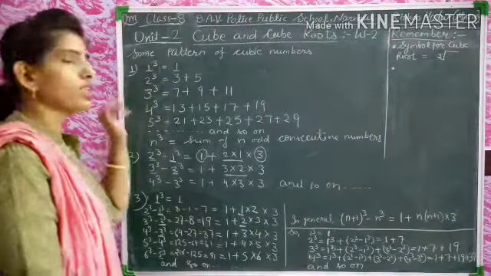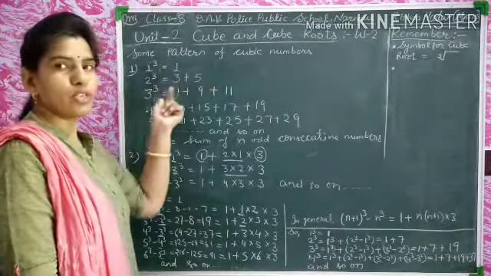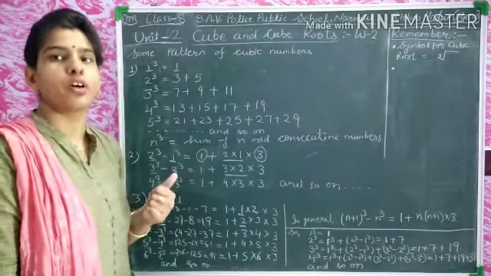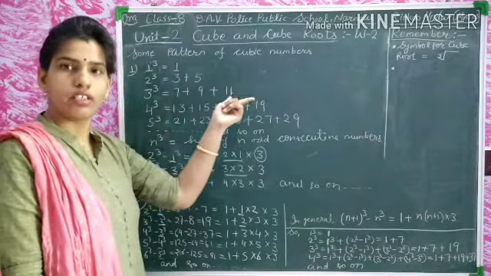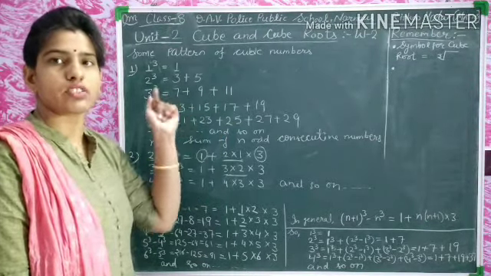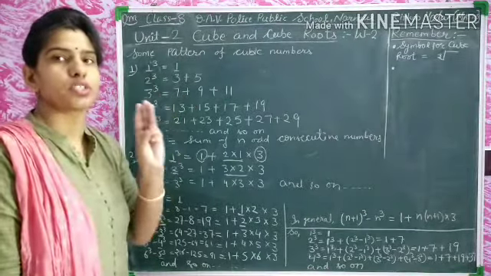Now we go to the next cubic number, that is 3 cubed. After 5, the next 3 consecutive odd numbers are 7, 9, 11. They are consecutive odd numbers, because there is 3, so we sum 3 consecutive odd numbers.